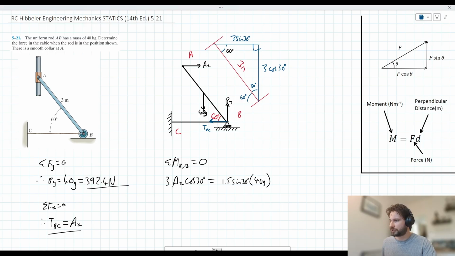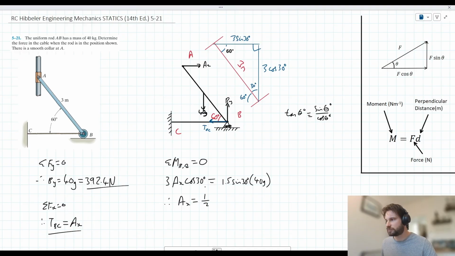And we know we can rearrange this equation for AX here. We can say, therefore, AX is equal to, well, when we divide by 3, we'll note that we'll get a half emerging from that. And when we divide by cos 30, in case you weren't aware already, it's a helpful thing to know sometimes, the tan, not just of 30, but of any angle, is equivalent to sine of any angle over the cos of any angle.